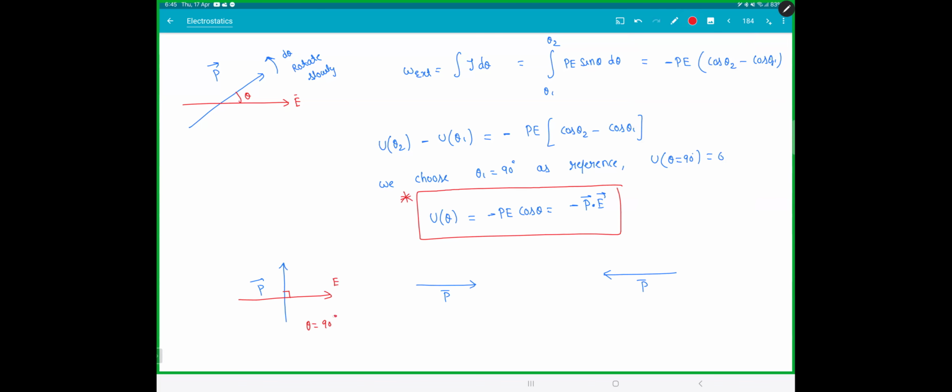So you have stable, unstable, and the 90 degrees is nothing. Clear? Any doubts on this?